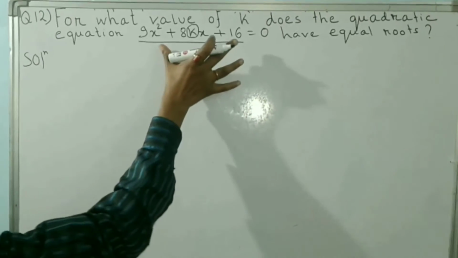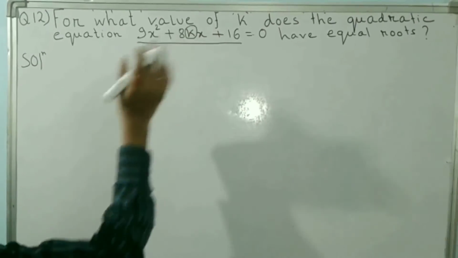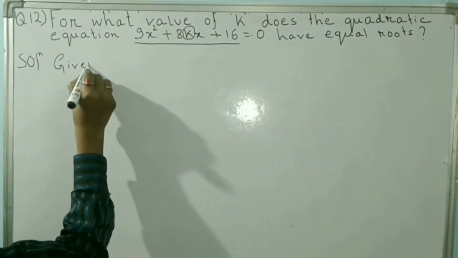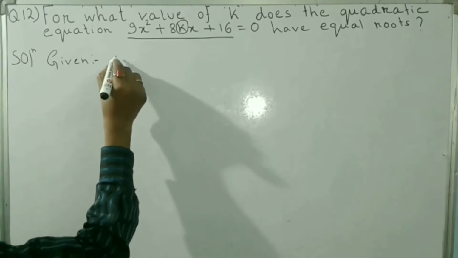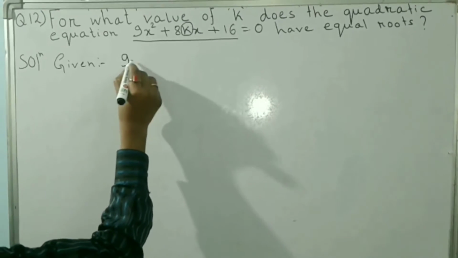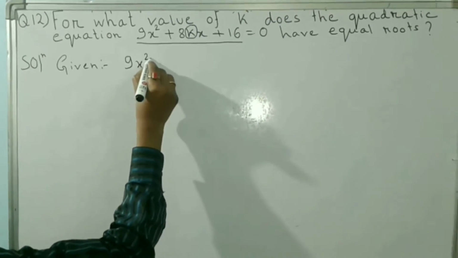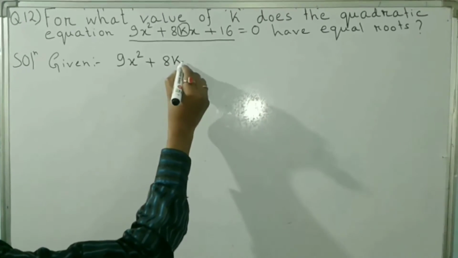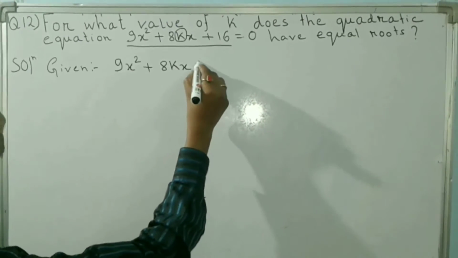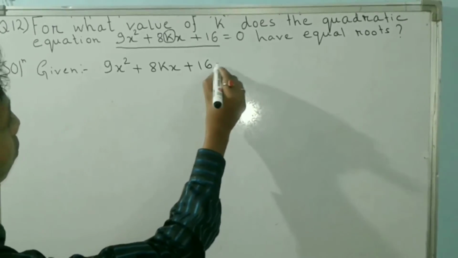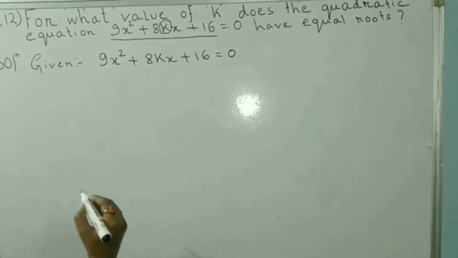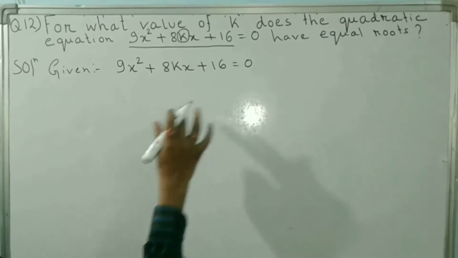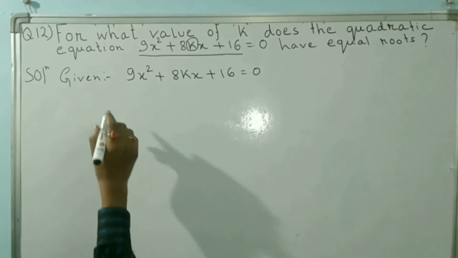So the given quadratic equation in the question is 9x square plus 8kx plus 16 equals to 0. Let us compare this given quadratic equation with the general form of quadratic equation.